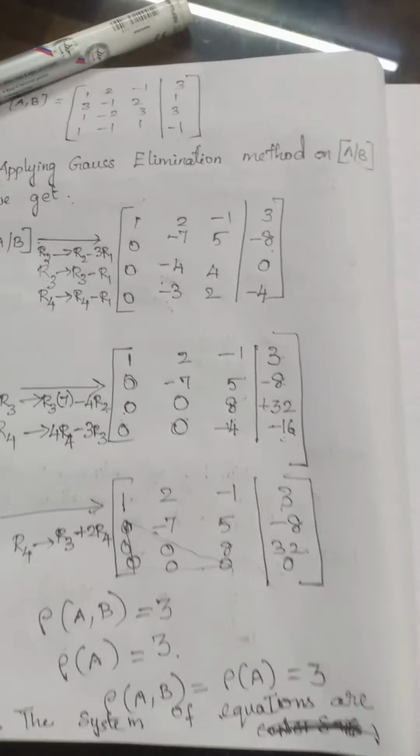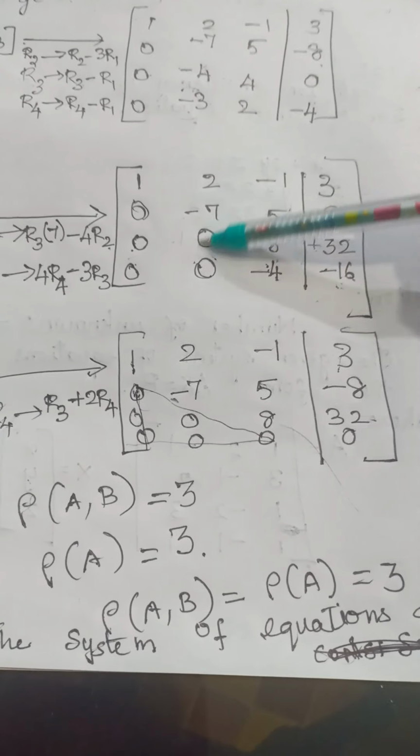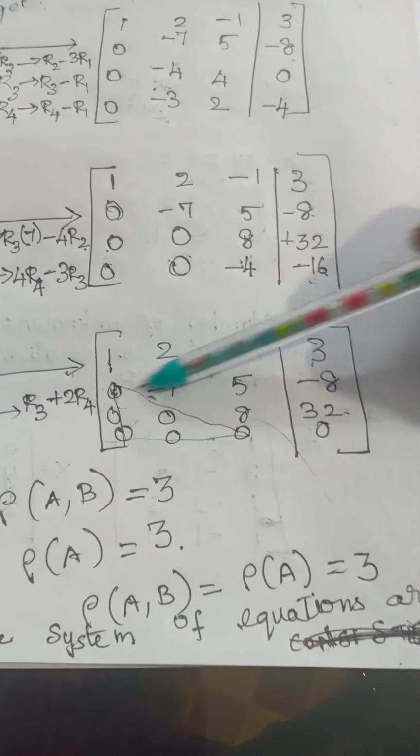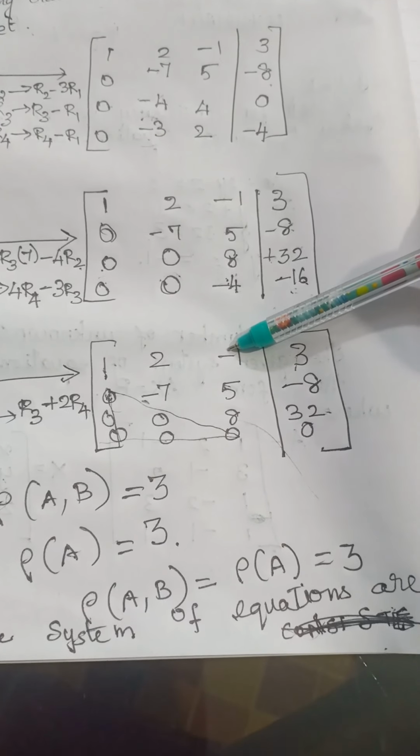Now we have found the system to be consistent. Now we need to find out the solution. To find out the solution, now we have to write this in the equation form again. Actually this is the coefficient of x, this is the coefficient of y, and this is the coefficient of z.